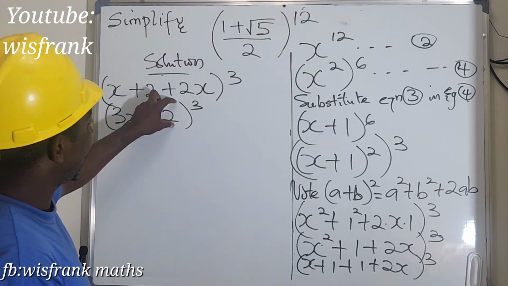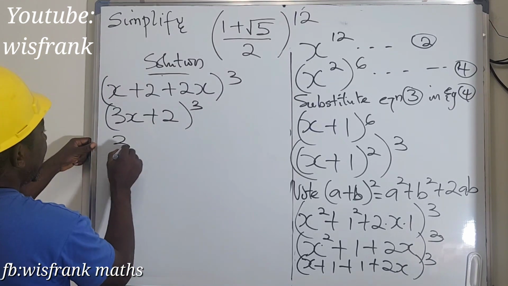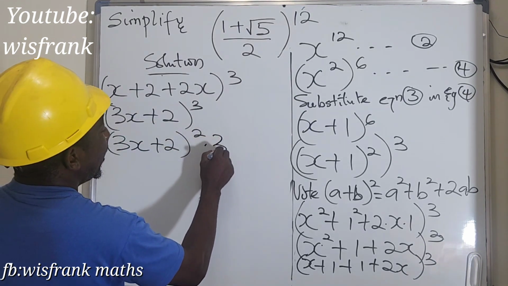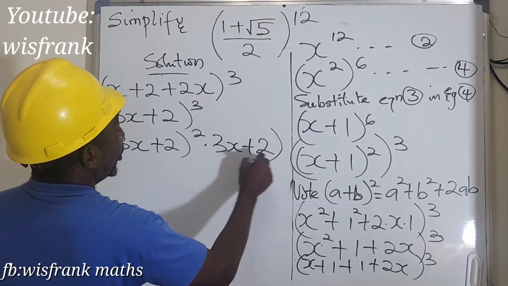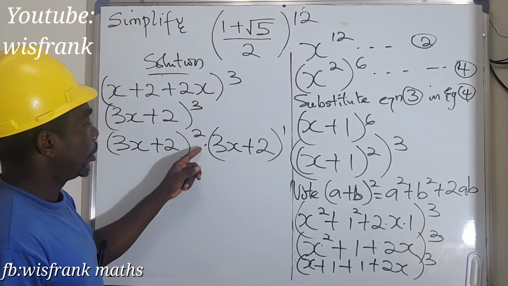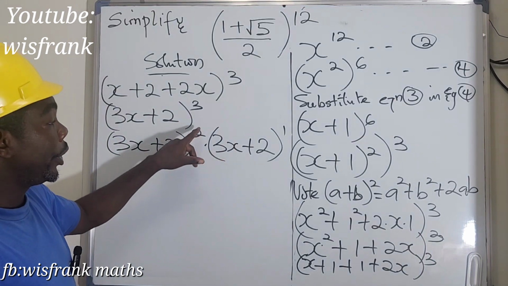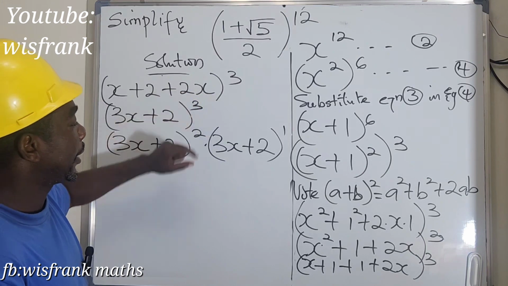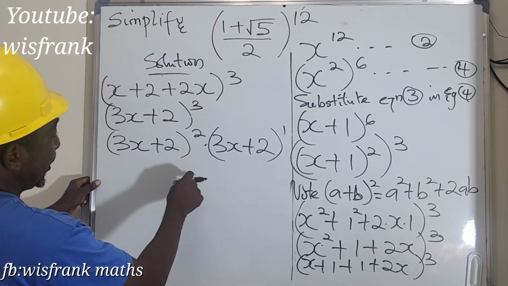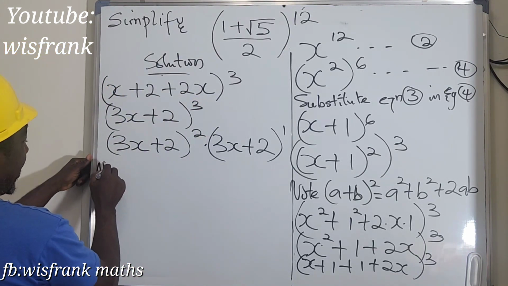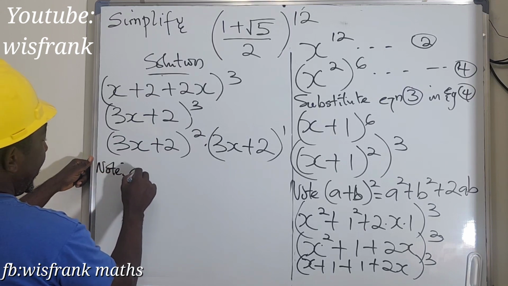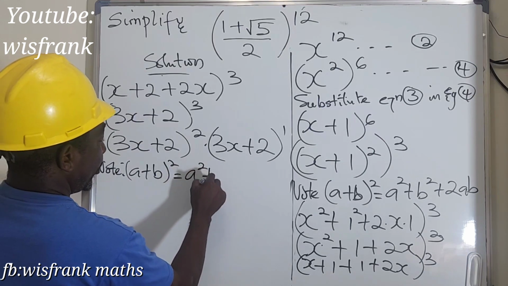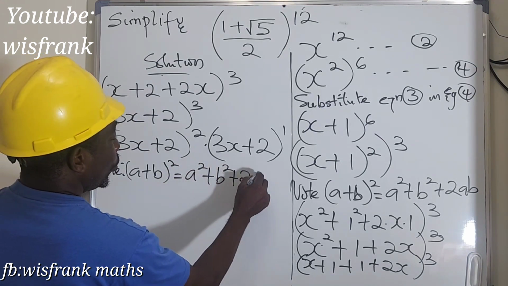So now we can break this one down to have 3x plus 2 all to the power of 2 times 3x plus 2, all to the power of 1, because when we bring two of them together, we need to add the powers. If you add the powers, it becomes 3. We recall that a plus b all to the power of 2 is the same as a squared plus b squared plus 2ab.